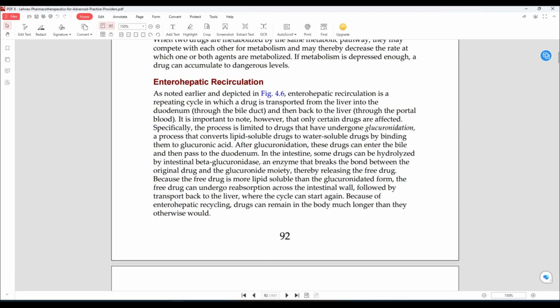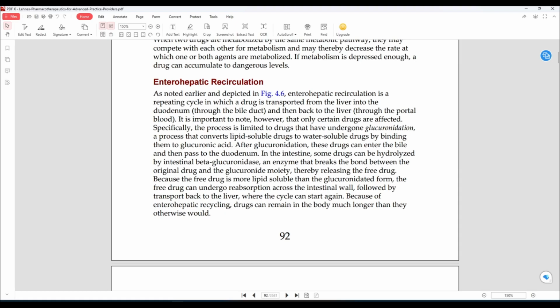So that brings us to the enterohepatic recirculation. As noted earlier and depicted in figure 4.6, the enterohepatic recirculation is a repeating cycle in which a drug is transported from the liver into the duodenum and then back to the liver. It is important to note, however, that only certain drugs are affected.